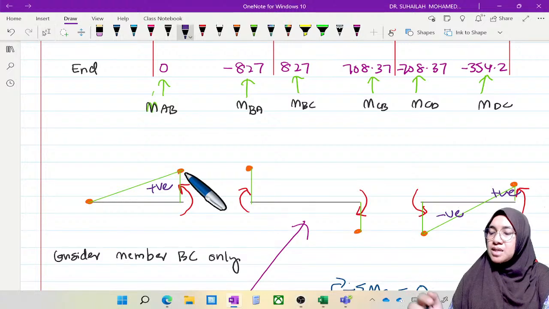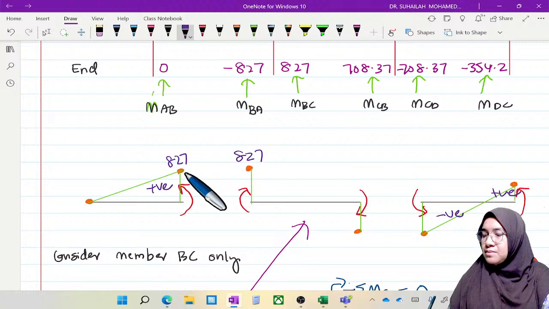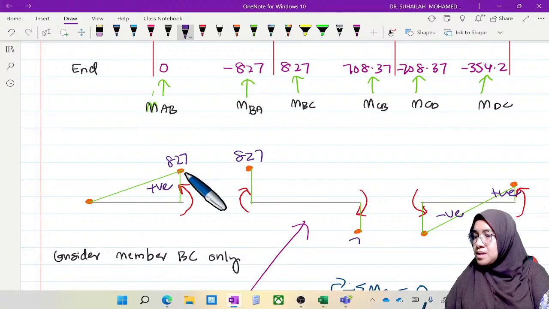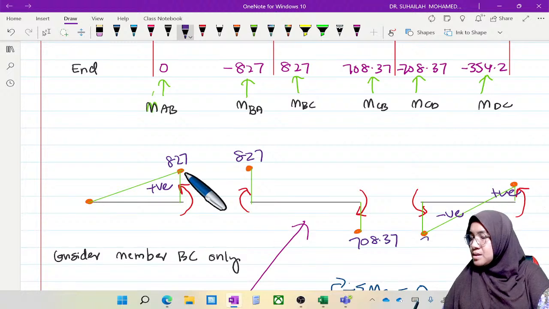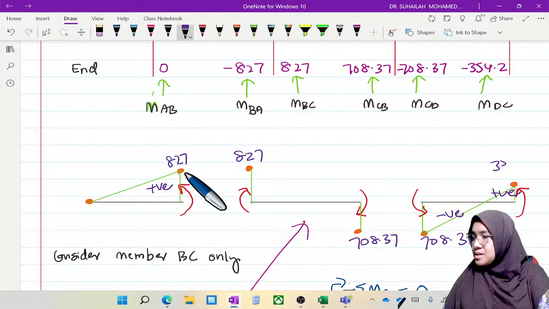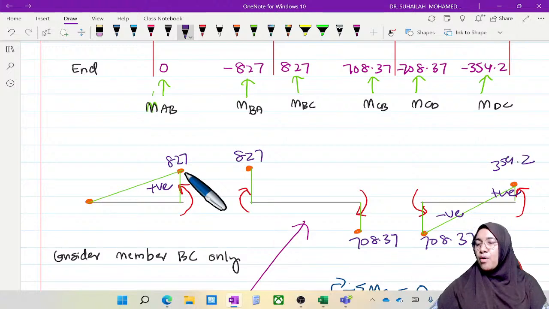So this is 827, this is 708.37, and this is 354.2.